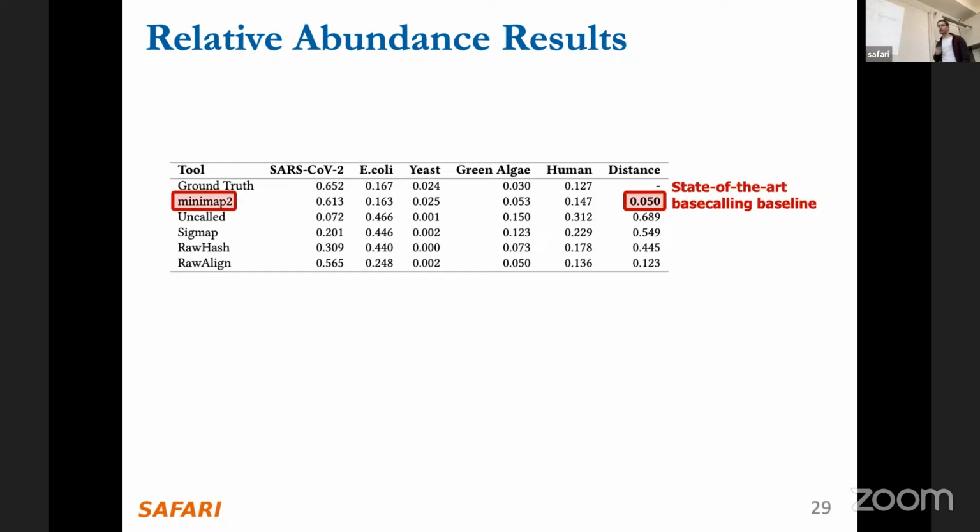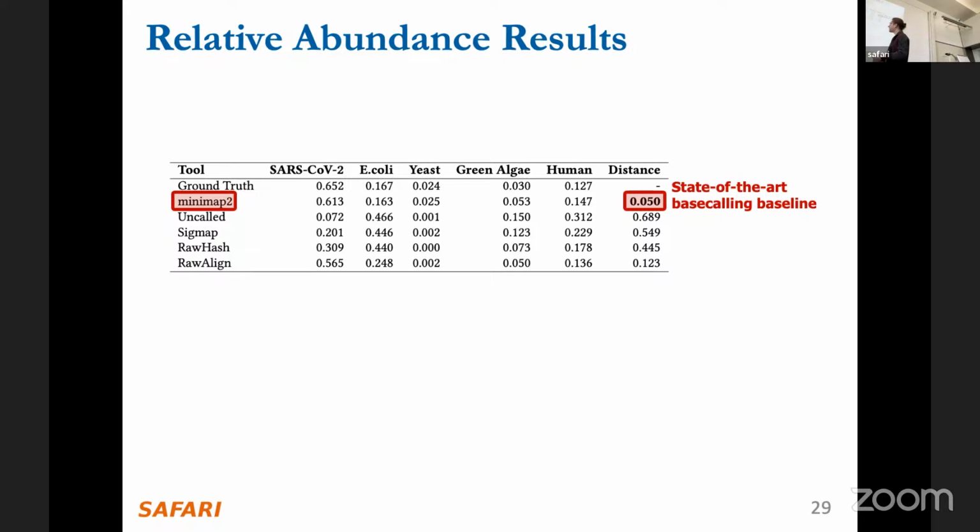Another interesting bit here is on the relative abundance results. So far, we didn't compare to base calling tools. So far, we only compared to other raw signal tools. In the relative abundance case, we have the unique opportunity that we can kind of end-to-end evaluate this.